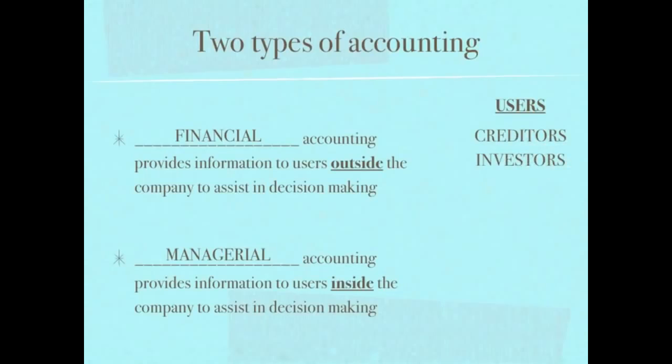An investor would want to know, should I invest in this company? Am I going to get a good return? Are they financially stable? A third user would be the government. For example, the IRS. Users of managerial or management accounting would be management. They would take this managerial accounting information and make decisions for the future of the business. Where do we go from here?